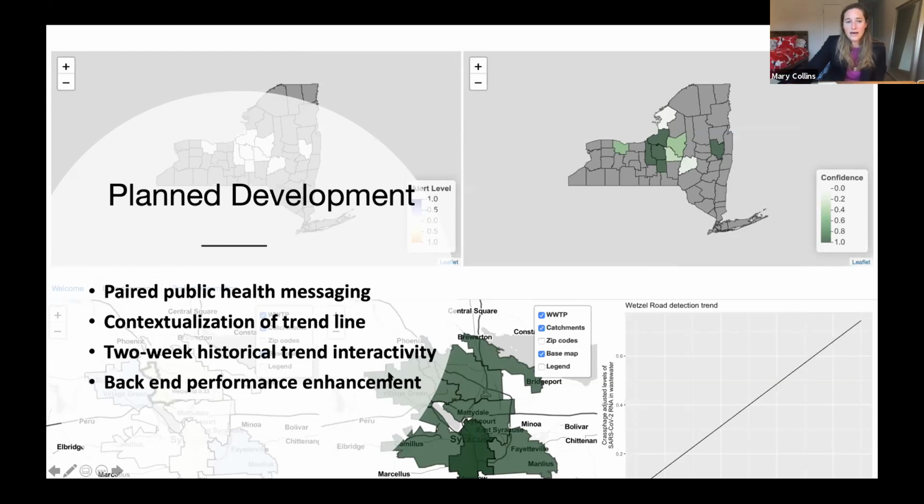So we continue to do that. And we also continue to learn more about back-end performance and enhancement, because as more county executives get hooked into this tool, we do see some strain on the computational system.